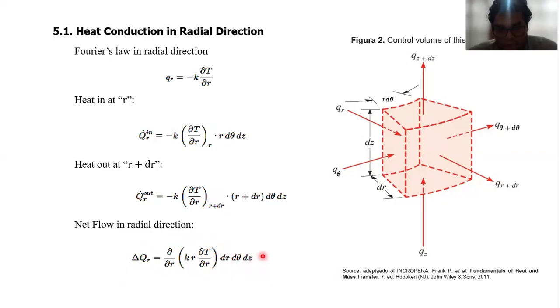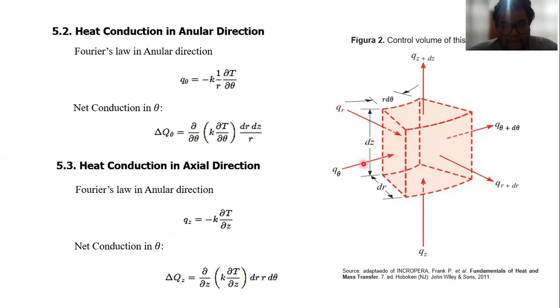Okay, so let's continue. This is the r part. Now in the theta direction, it is the same thing as before. We have a Q theta from Fourier's law: minus k times one over r times delta T over delta theta, since we are talking about theta, which is here.